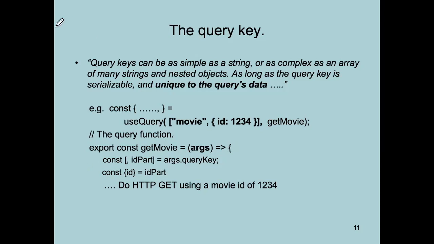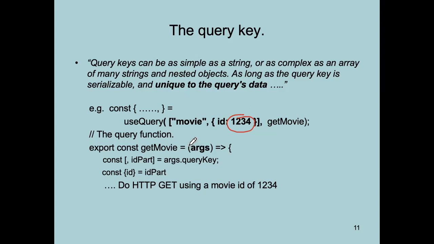However, we need to somehow pass this information to the query function, and the query function needs to extract this particular part of the key, because it's going to need to make the request to TMDB, and it's only this part of the key that it needs in order to make the TMDB call. So how does our query function see this entire key, and how can it drill down into it?